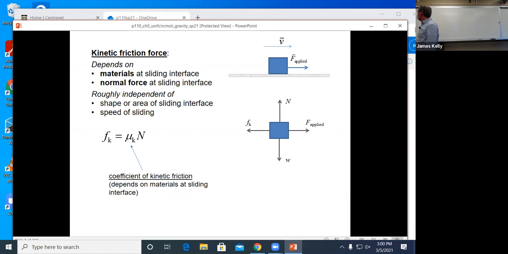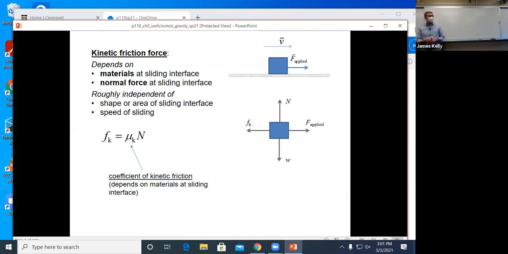But I wanted to go back to Chapter 4 to finish up at least one example problem involving friction, and we'll be doing more example problems as we go through Chapter 5. It'll be one of the forces that appears over and over again. But we sort of introduced the idea of kinetic friction.